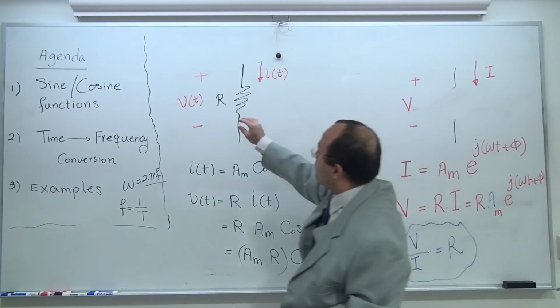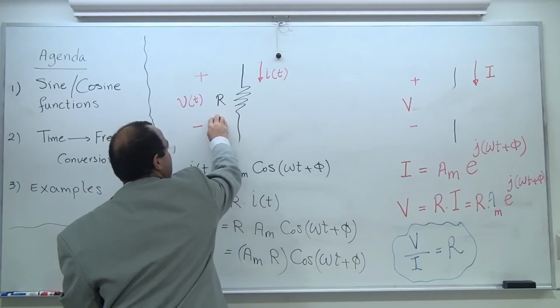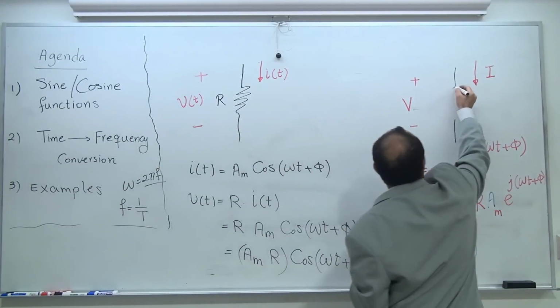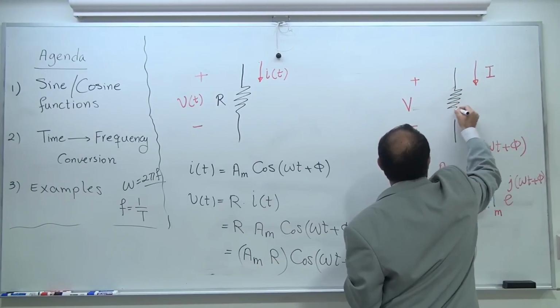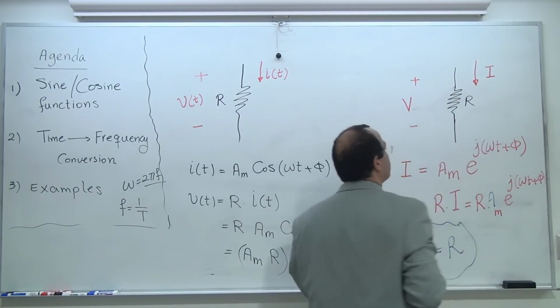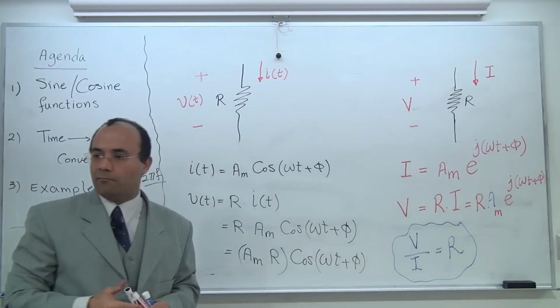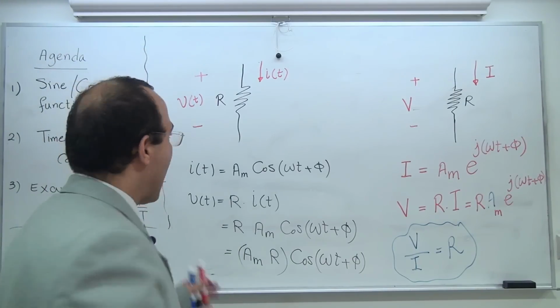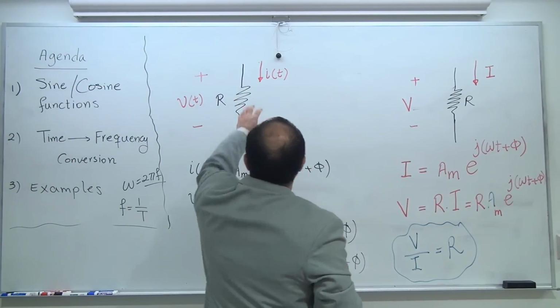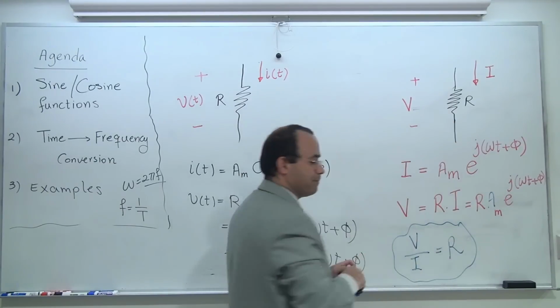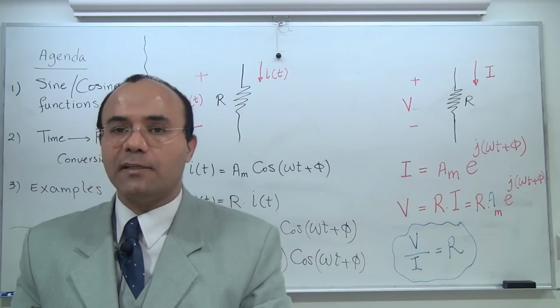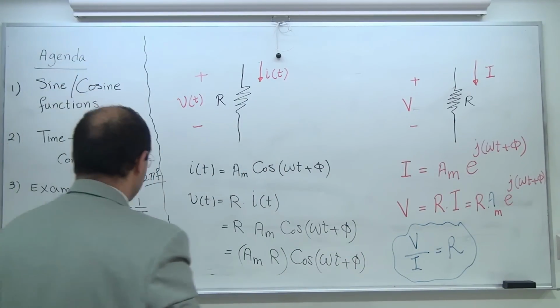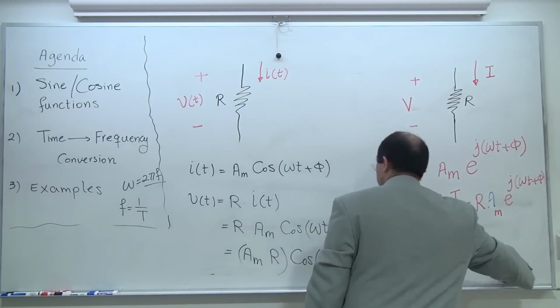If you have a resistor in time domain, you can simply have a resistor in frequency domain. The value is the same. I'm just trying to establish piece by piece how the transformation is done, time domain to frequency domain. Let's do something for the capacitor and see what the capacitor does.